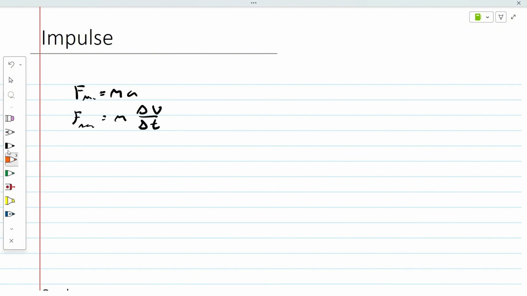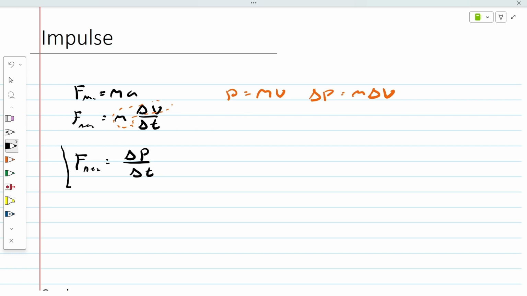But you might notice here we have the mass times the change in velocity, and we just learned that momentum is mass times velocity, so the change in momentum will be the mass times the change in velocity. So we can plug in momentum here, and we get that the net force is equal to the change in momentum over the change in time. Okay, so that's one big equation that we'll use.